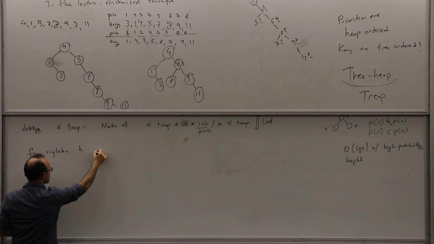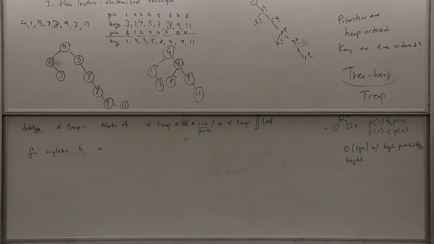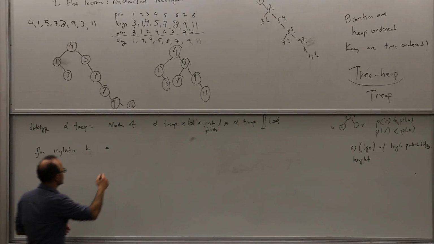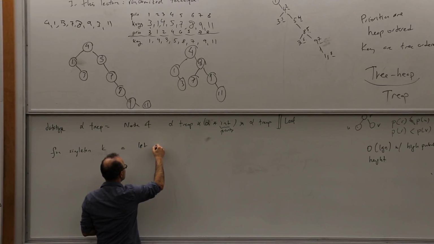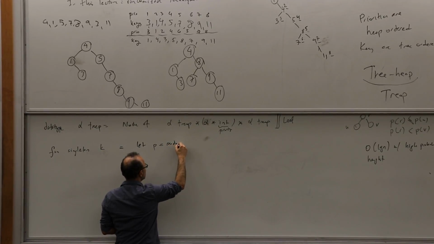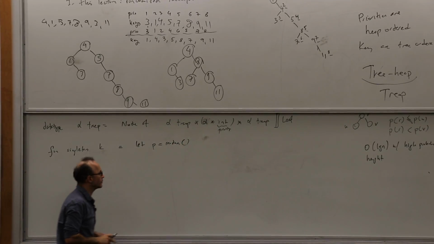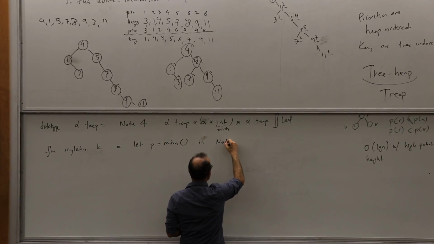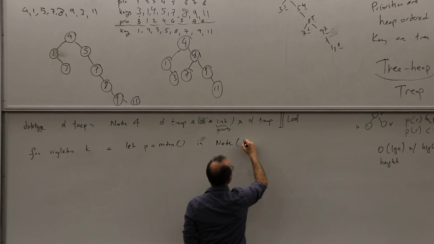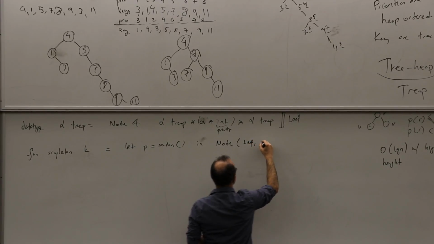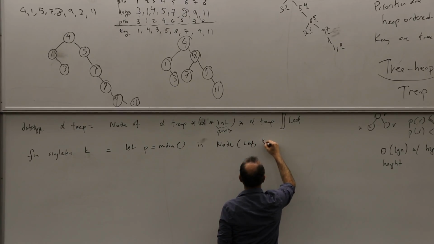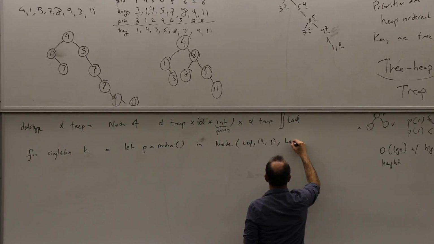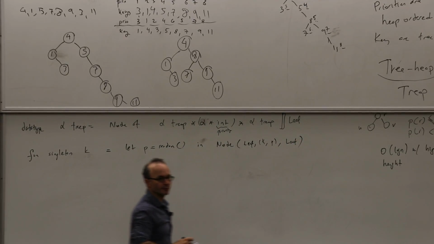What we're trying to do is make a tree out of a single key. Let P be random. We pick a random priority. And then we return node of leaf, key, priority, comma, leaf. That's our singleton tree.